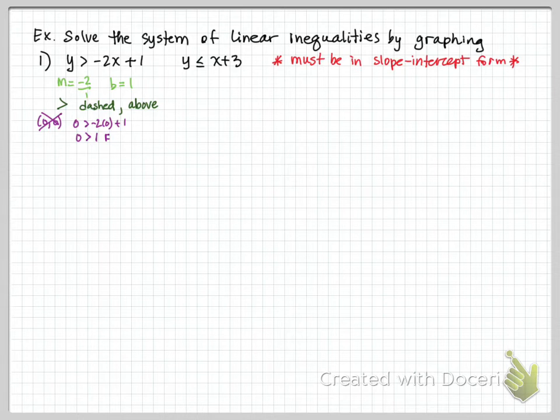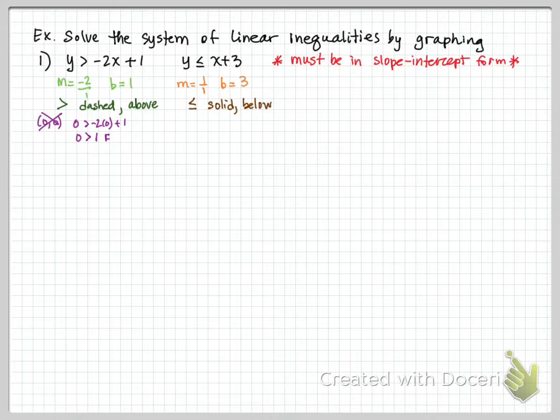All right, let's try the next guy. I'm going to do different colors with him, and I'll color in different colors. So let's see, slope is going to be 1 over 1. That's how I'm going to move from one point to the next, and the y-intercept is 3. We have a less than or equal to sign, so it's going to be a solid line, and I'm going to shade below.